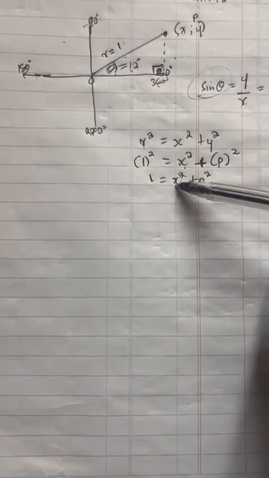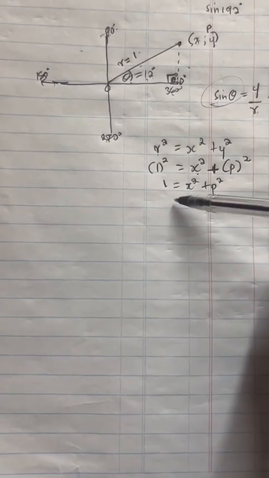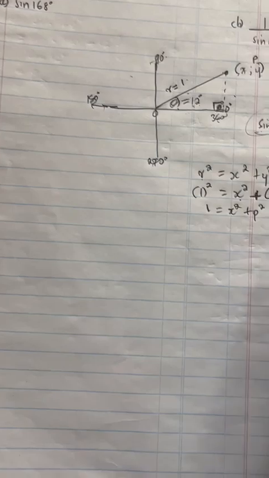We want to solve for x, so we have to move this p squared to the left hand side. So moving it, that means we want to use the opposite of p squared, which is going to be minus p squared on both sides. Remember to do it on both sides.